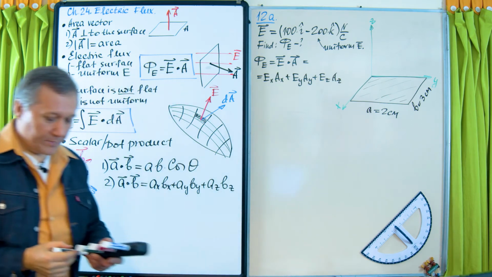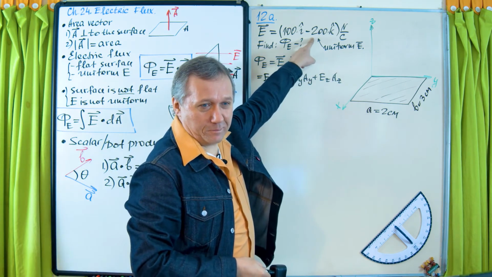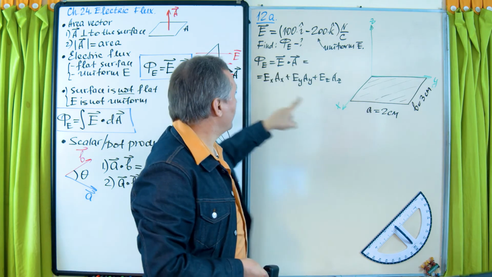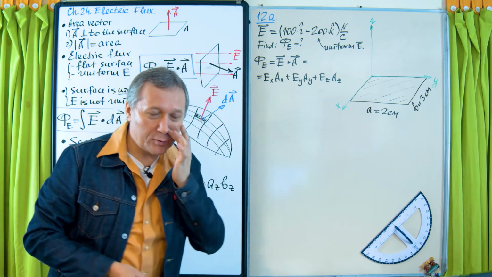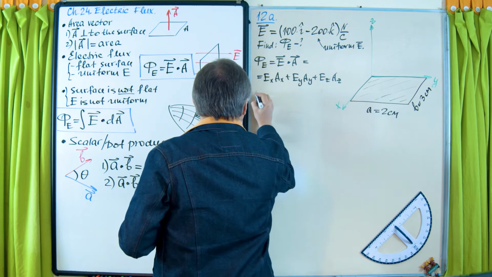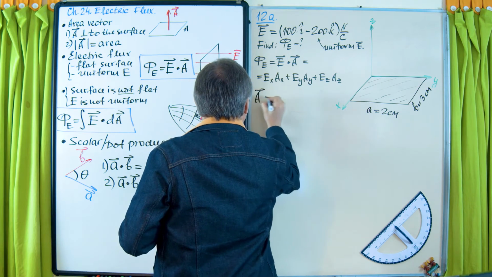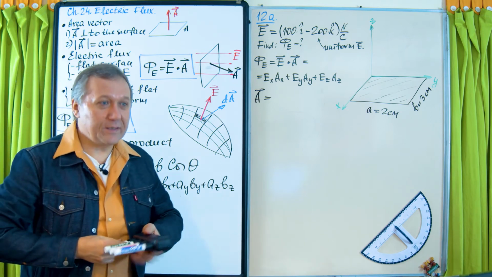And now, obviously, we have EX, EY, EZ, they're given. But we need to write down AX, AY, and AZ. Now we need to write components of the area vector. Now we need to write this in a component form.